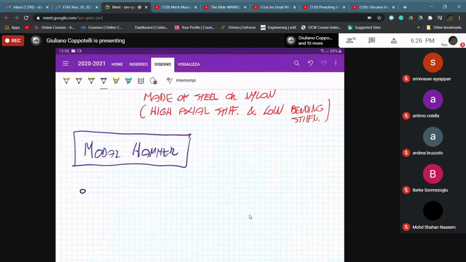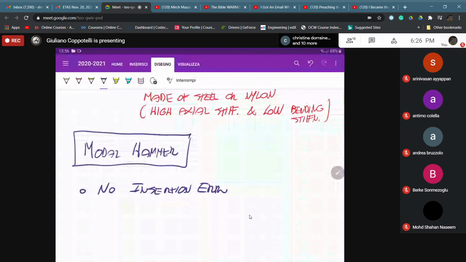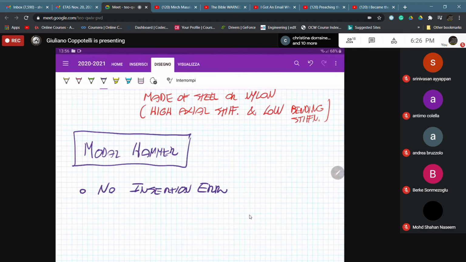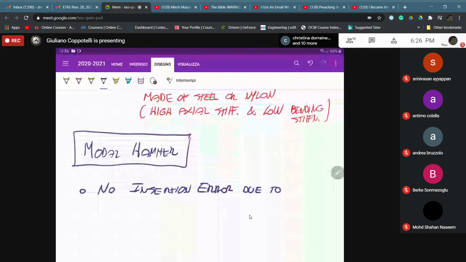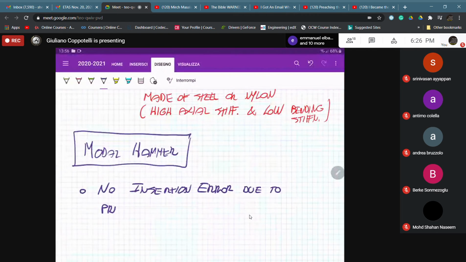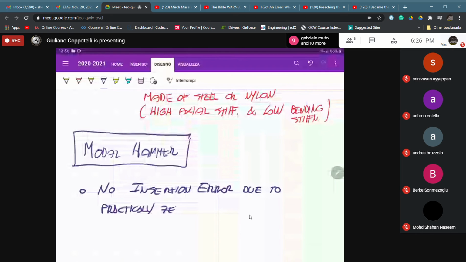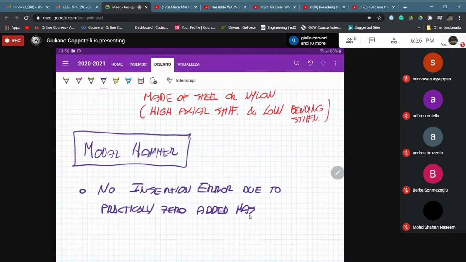So we can write that no insertion error due to practically zero added mass, compared to the shaker, of course.